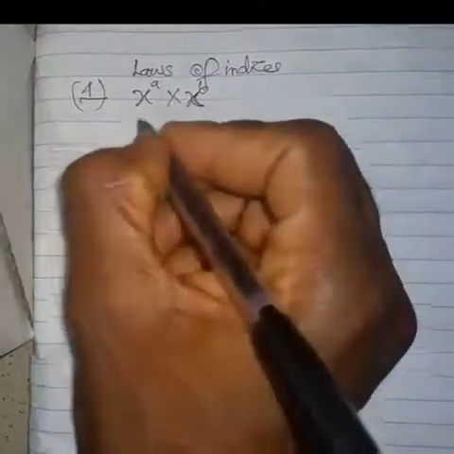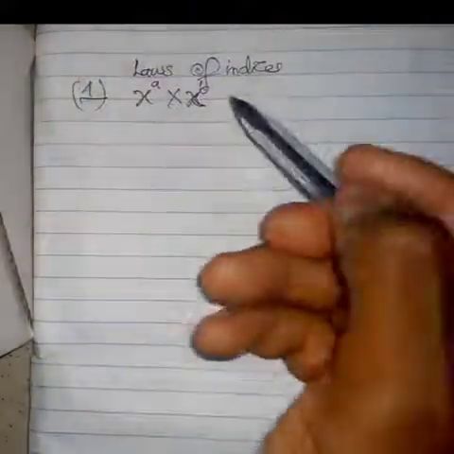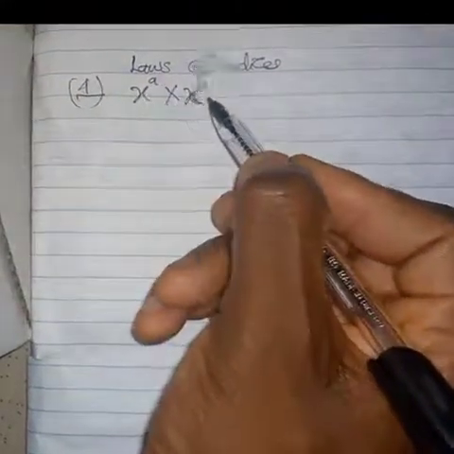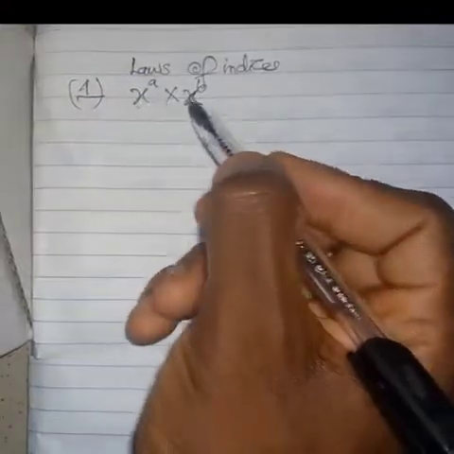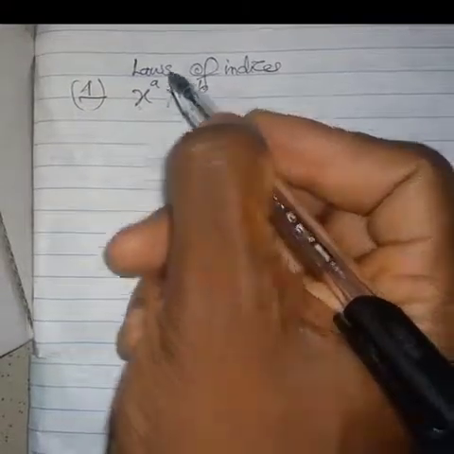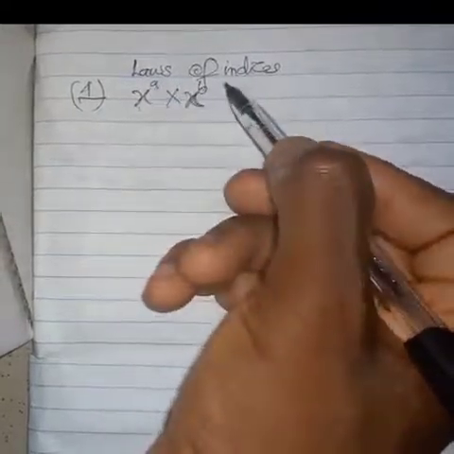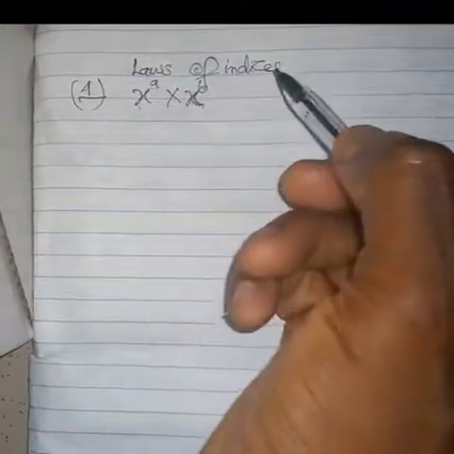It is very easy. All you need to do is observe this expression. You see that you have x here, you also have x here, meaning they are the same thing, right? And you have powers. These powers could be the same, not compulsory that they are different. I just deliberately made them different.